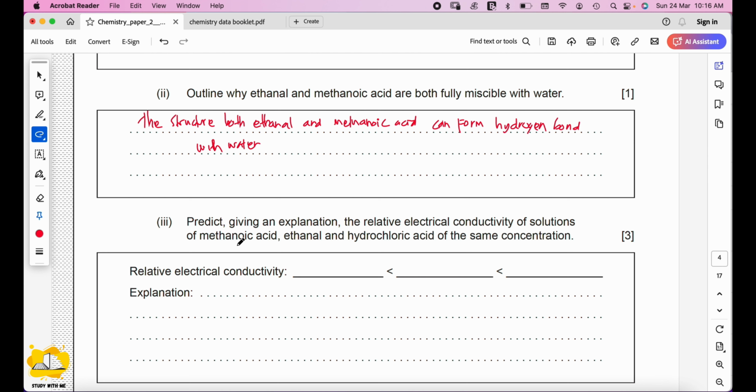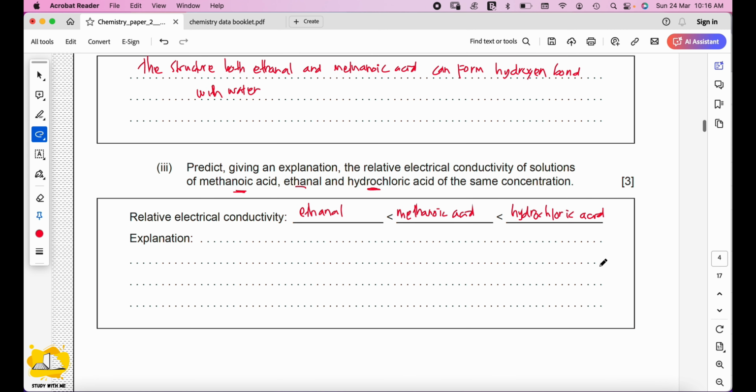And as you know, methanoic acid has OH, methanoic acid is an acid, and hydrochloric acid is a very strong acid, and ethanol is not acidic. Therefore, ethanol is lower compared to methanoic acid, and this one will be hydrochloric acid.